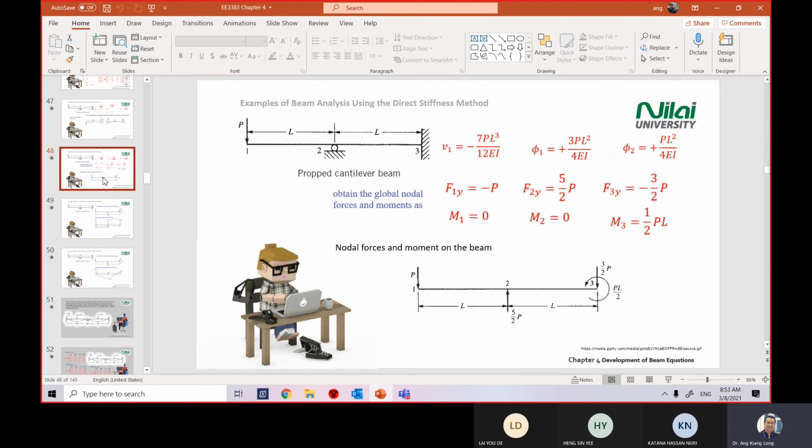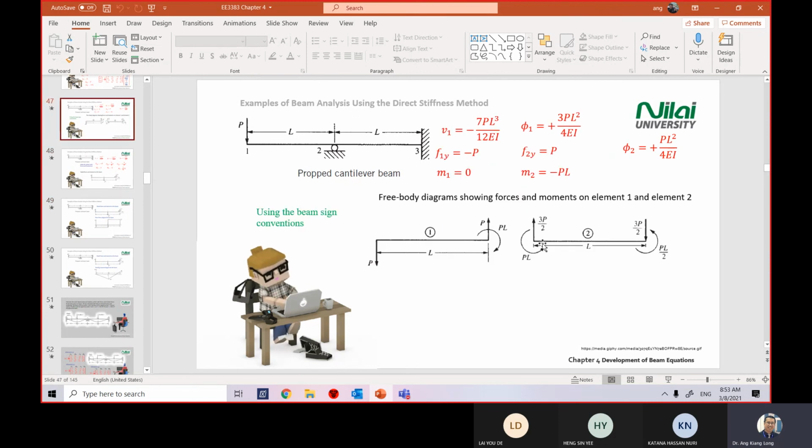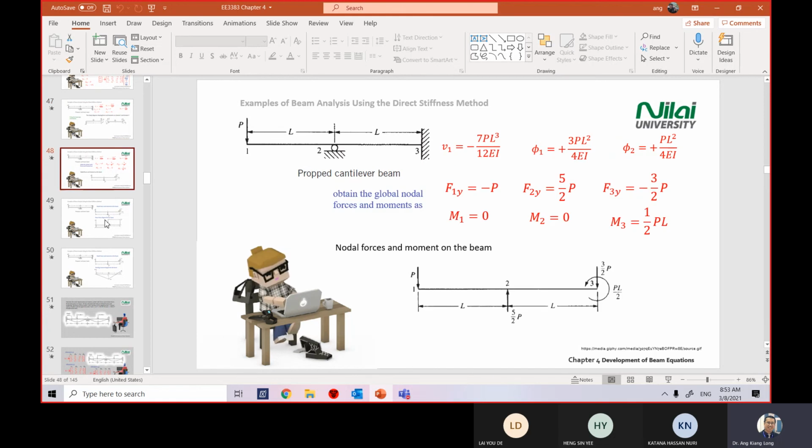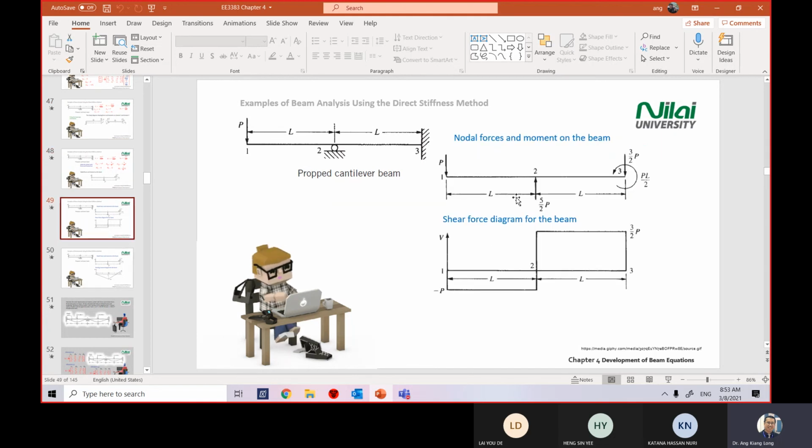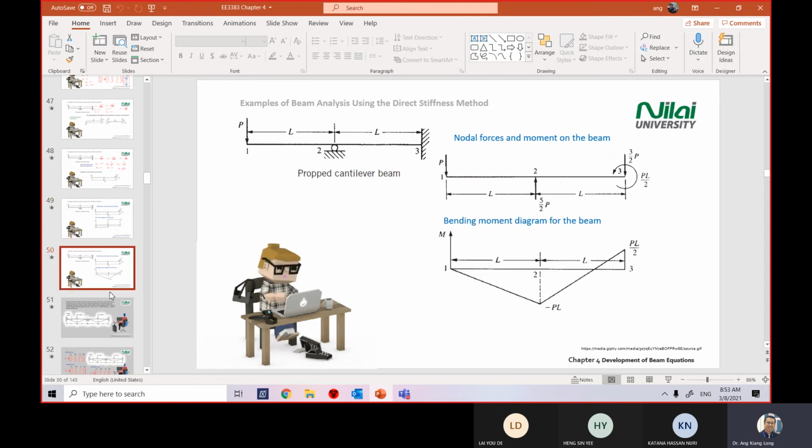So you need to know how to transfer into individual free body diagrams with the force and bending moment, and then you transfer it into nodal forces, into a shear diagram and bending moment diagram for the beam.